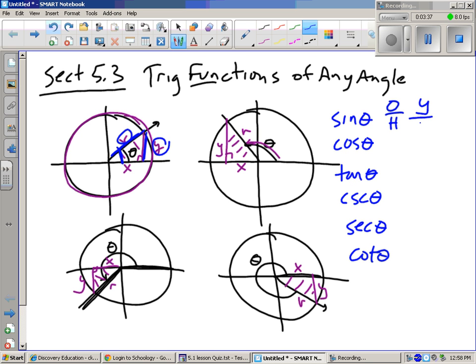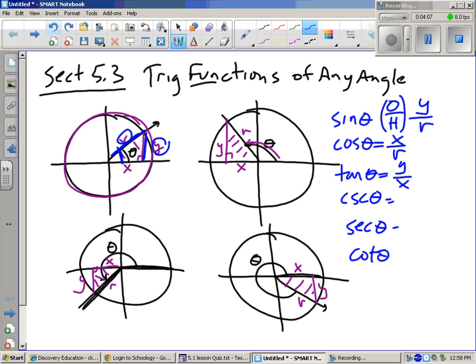So we're going to move away from opposite and hypotenuse, and we're going to use y and r because they're not always going to give us a picture. So we're not going to be able to see which one's opposite or hypotenuse, but they are going to give us the x, y, and r values. So for cosine, instead of y over r, it would be x over r. For tangent, opposite over adjacent would be y over x.